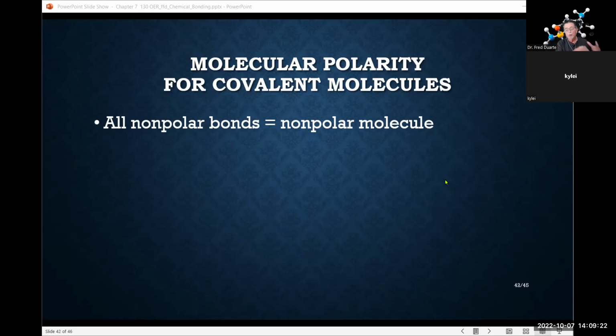Okay, now, when you have a molecule that contains nothing but nonpolar bonds, that results in a nonpolar molecule. And so all the hydrocarbons, let's say, for example, I know you're not familiar with this, but I'm going to show you anyway. Oh, here's some.